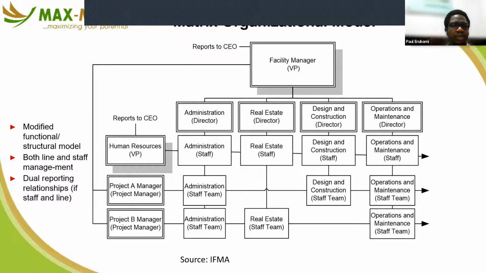The best approach for facility management organizations would be to have the vertical lines as subject matter experts who don't necessarily manage the teams directly. Their role is to be consultants to the team, whereas the teams will report directly to the horizontal bosses, who are basically the ones responsible, accountable for the client.